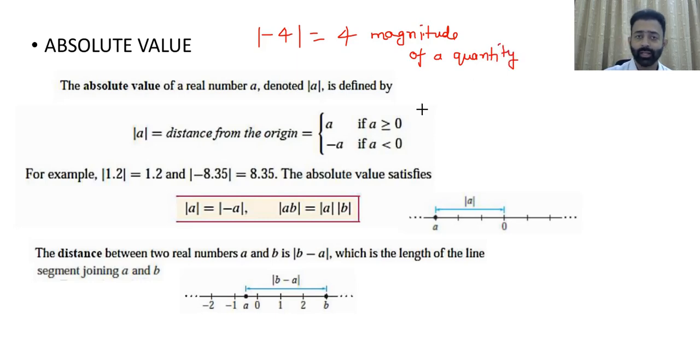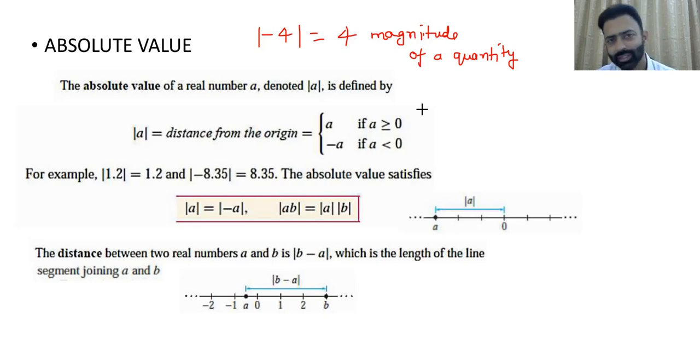So if I say that I am living in a region whose average temperature is -4 degrees centigrade, I am not basically interested in the minus or plus. I am just interested in the magnitude of the temperature. It is just 4 degrees.